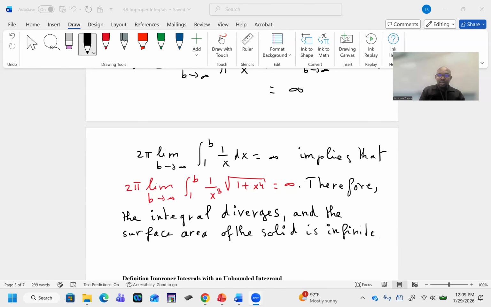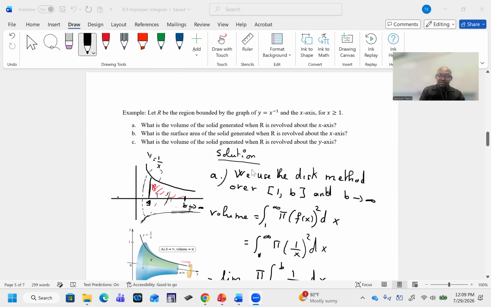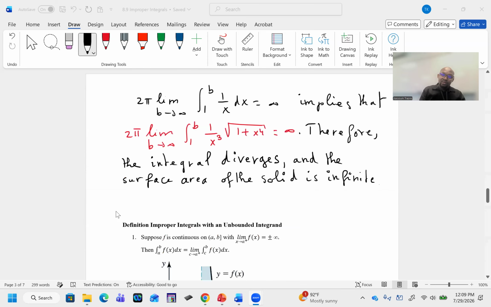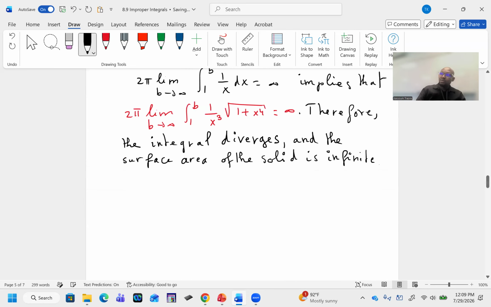So the last question is, what is the volume of the solid generated when R is revolved about the y-axis? So again, you know, when it's revolved about the y-axis.